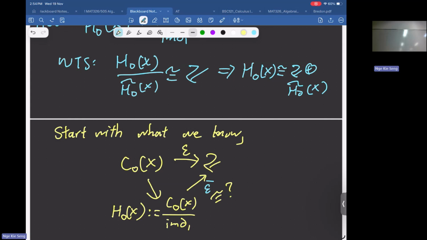You already know how to send S naught x already. Then what's this quotient here? This quotient means that after the quotient, everything in the denominator should be 0. So you should send 0 to 0. Is the thing below going to 0 under this map?